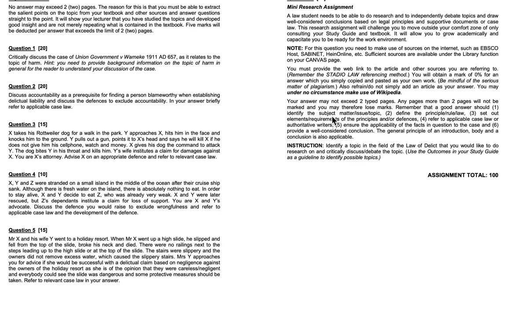So we said we are giving background information on the topic of harm so that our reader can understand what harm is. And with that, we'll also discuss the Union Government versus Warneke 1911.